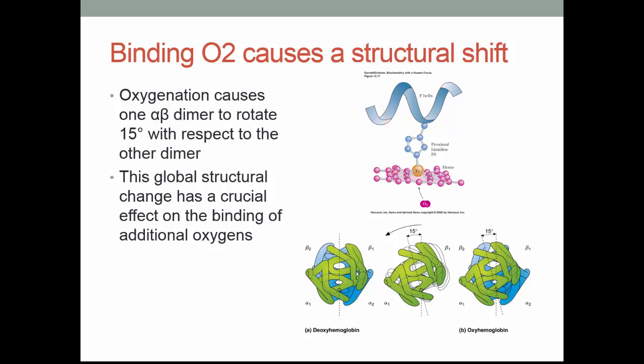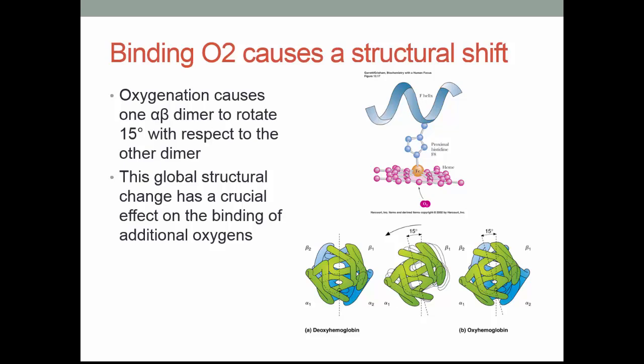However, this localized change causes a much more dramatic downstream shift in the quaternary structure of hemoglobin, where one alpha-beta dimer actually rotates 15 degrees with respect to the other dimer, breaking some of those intermolecular interactions that were holding the non-oxygenated hemoglobin quaternary structure. We will see how this global structural change has a crucial effect on the binding of additional oxygens.